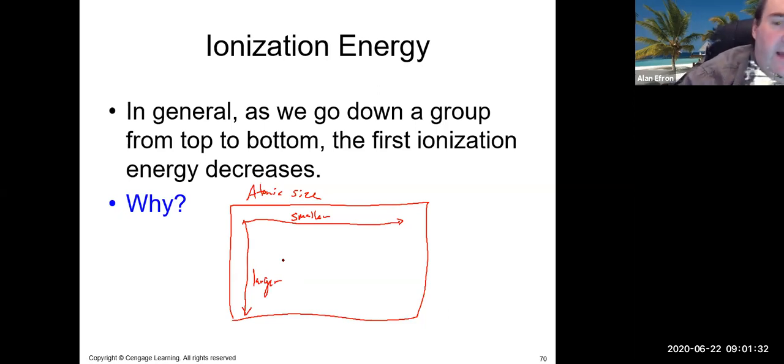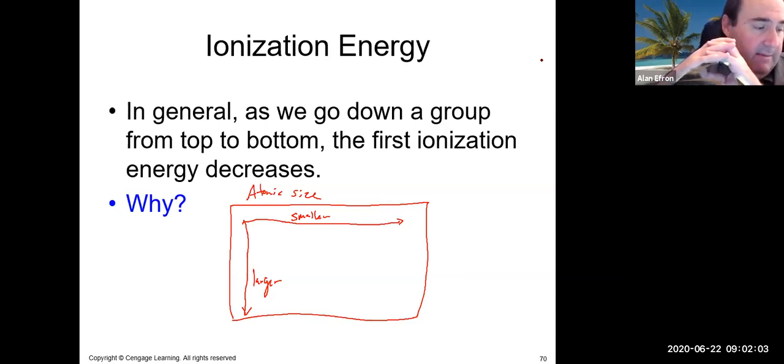So if you think about an atom and sort of where electrons are, as we go up and to the right on the periodic table, the overall size of that atom is much smaller. That also means that because overall it's much smaller, the outer electrons, even though they're furthest away from the nucleus, are still going to be closer to the nucleus because the overall size is smaller.